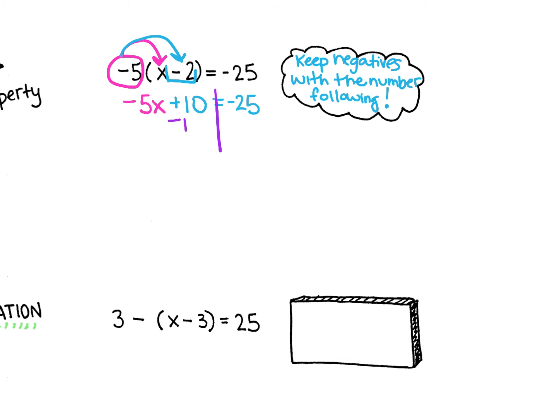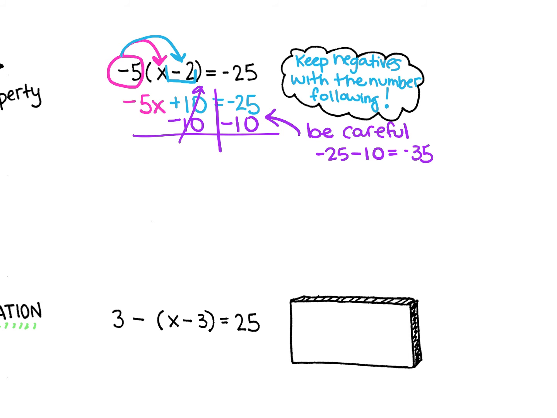I'm going to subtract 10 from both sides. Be careful right here. This is negative 25 minus 10. In your calculator you can use to help you, it is negative 35. So we cancel out here. We have negative 5x equals negative 35.